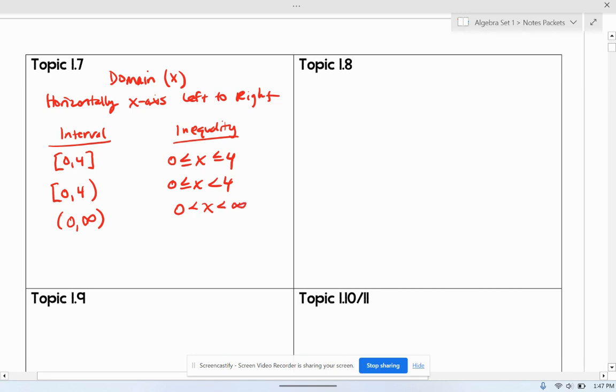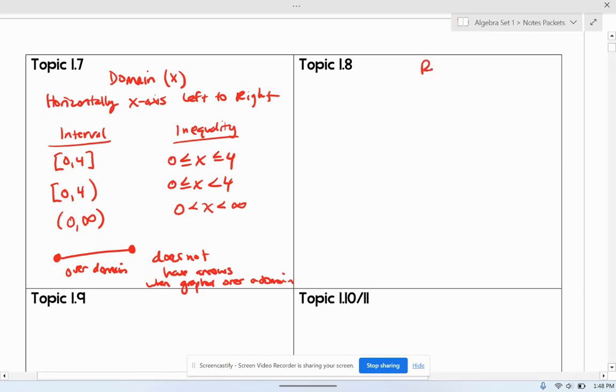Okay. Remember, when you're graphing over a domain, your graph has endpoints. It does not have arrows when graphed over a domain. If it's not specified, you would have arrows on the end.